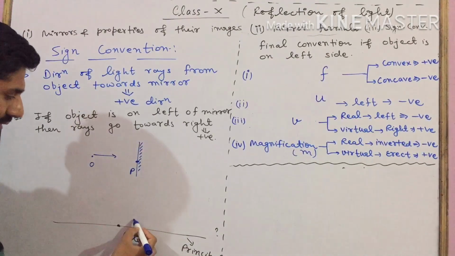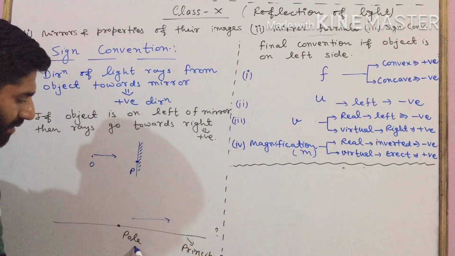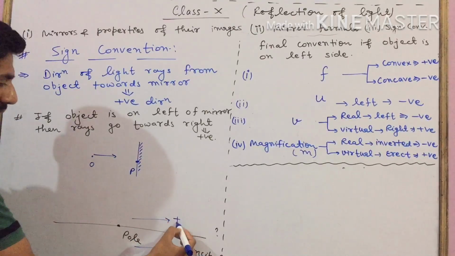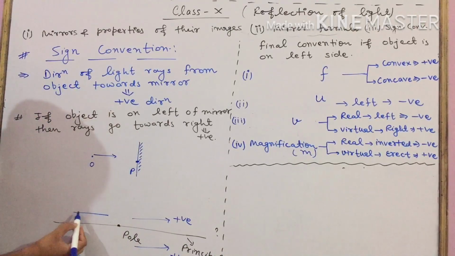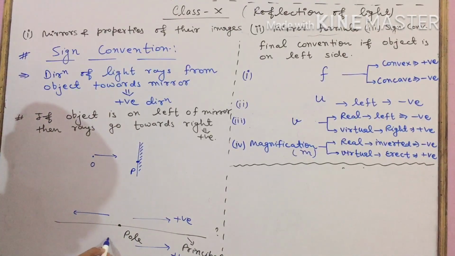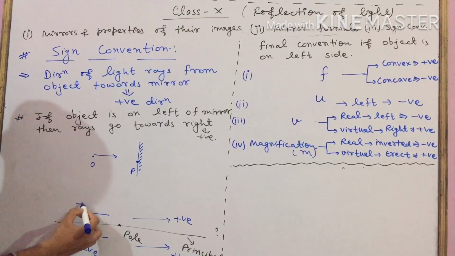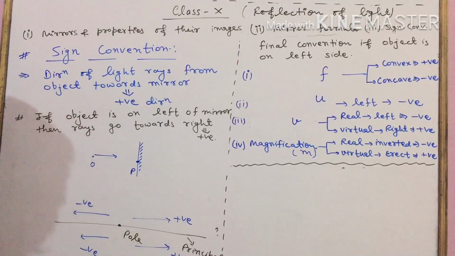So let us suppose this is the pole of the mirror. As we just discussed, the right direction with respect to the pole will be the positive one, and the direction towards left with respect to the pole will be taken as negative. The height of the object or image will be measured with respect to the principal axis.